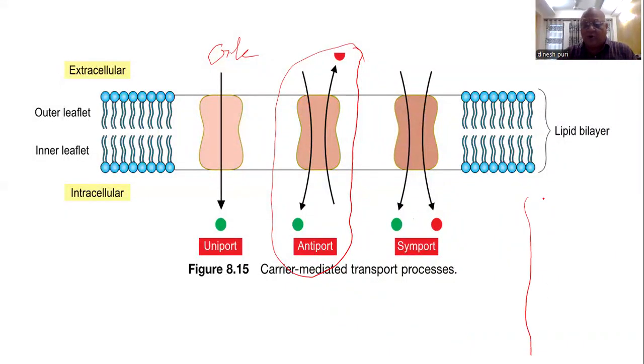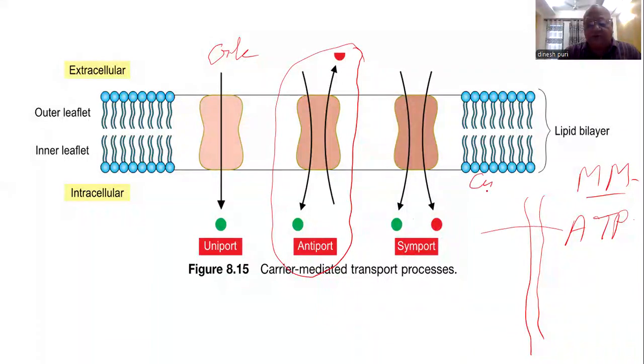This is the inner mitochondrial membrane. Inside the mitochondrial matrix, as all of you know, ATP is generated. This ATP is required in the cytosol. So this ATP will go outside, where it will be used up and form ADP. Now ADP is required for later generation of ATP, so ADP will move inside.